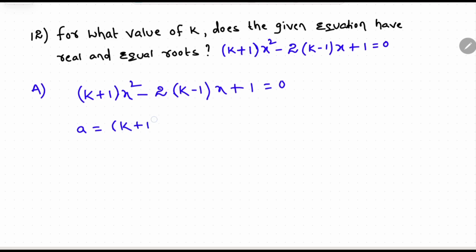What is the b value? Minus 2 into k minus 1. And c value 1. Here, what is the condition? The roots are real and equal. Therefore, D will be equal to 0. What is the D formula? b square minus 4ac equals 0.